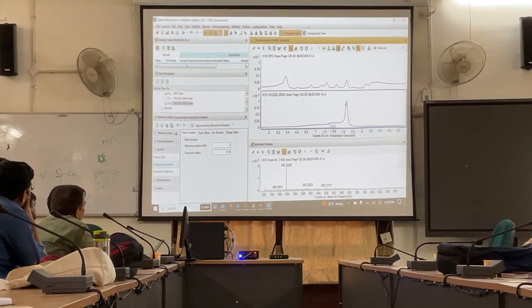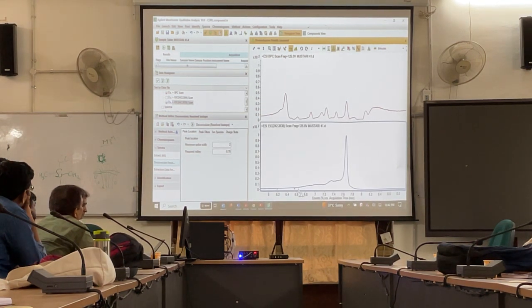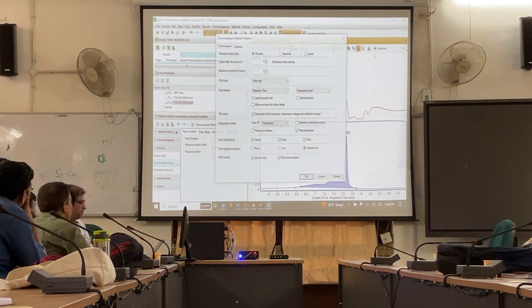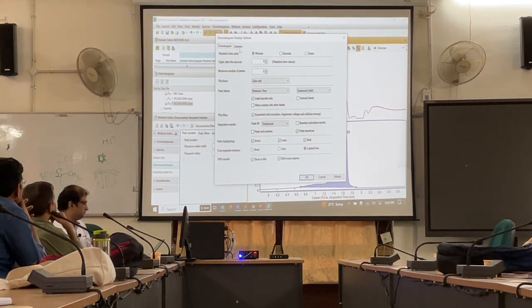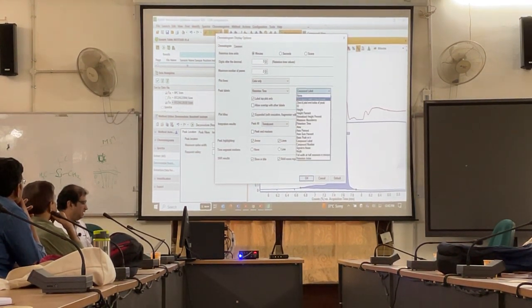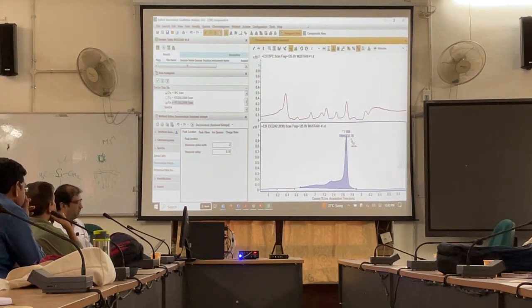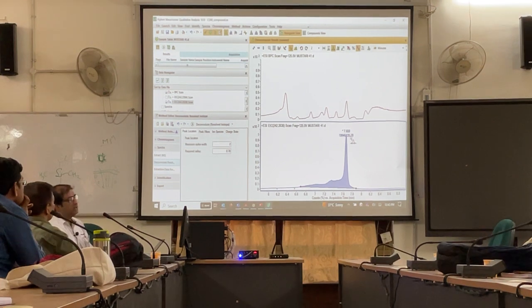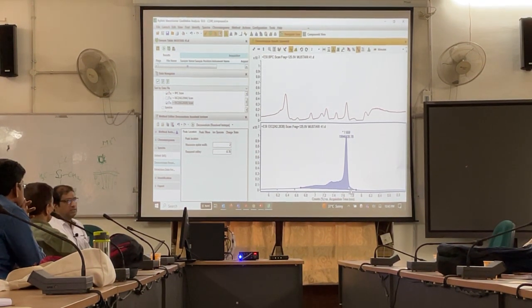So if I integrate it, and then I say to calculate the chromatogram area, now this area which you see here is what is called the area under the peak, and this area under the peak will give you the abundance.